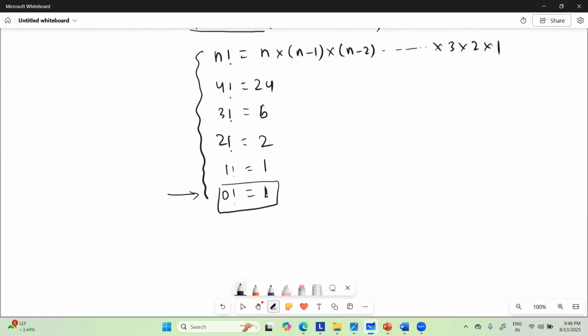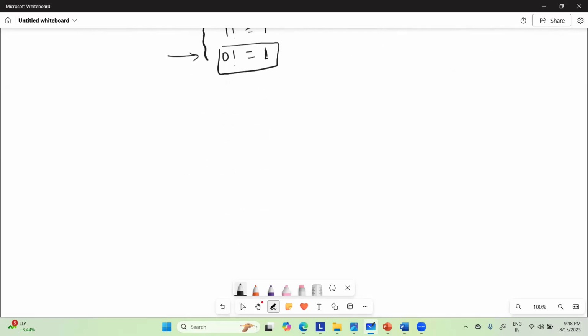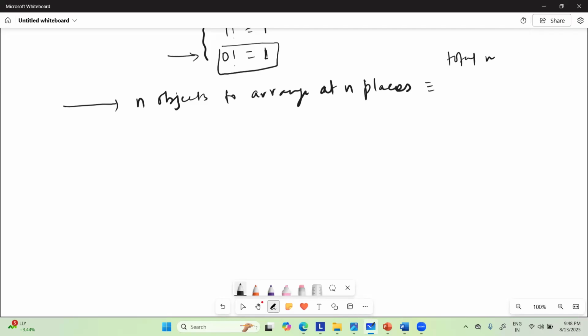So now you know that there are n objects to arrange at n places, so the total number of arrangements will be n factorial. Does anyone have any difficulty till here? Everyone is clear with this?